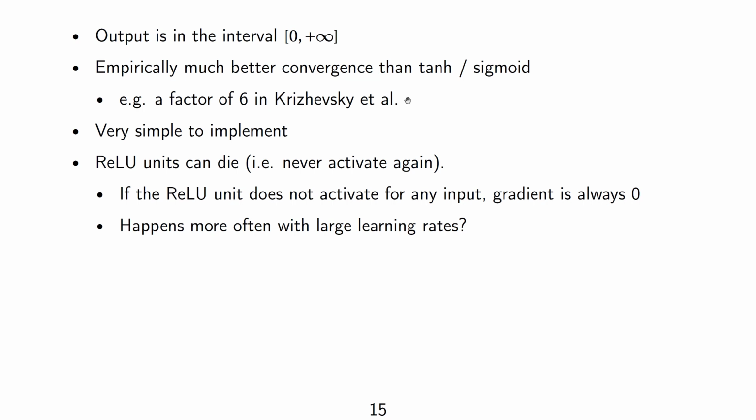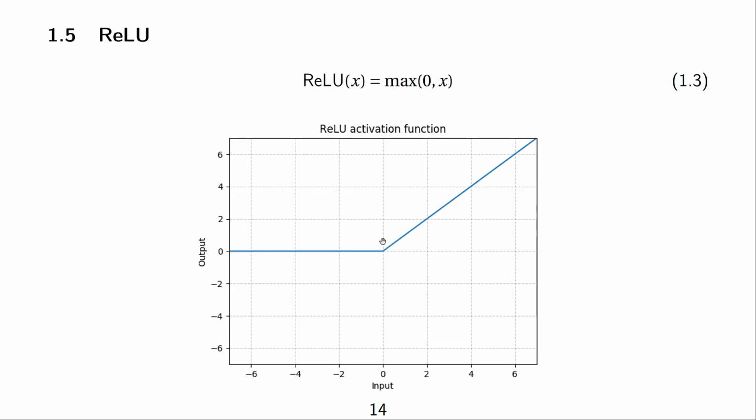It's very simple to implement, and there's one thing to note that is a potential disadvantage, which is that the ReLU units can die. So let's just think that we have a whole data set, and the output of the ReLU unit is always 0. So whatever sample we feed in, the output is always 0.